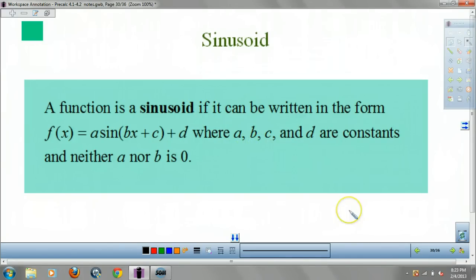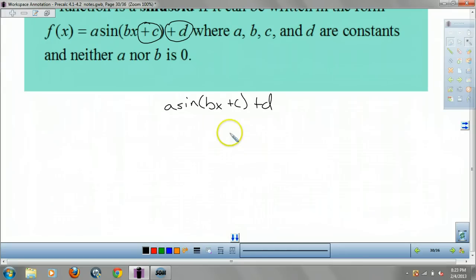Here's what I want you to understand, guys. When you're adding these numbers, our same rules apply. So if you write a sine of bx plus d, c is your phase shift.